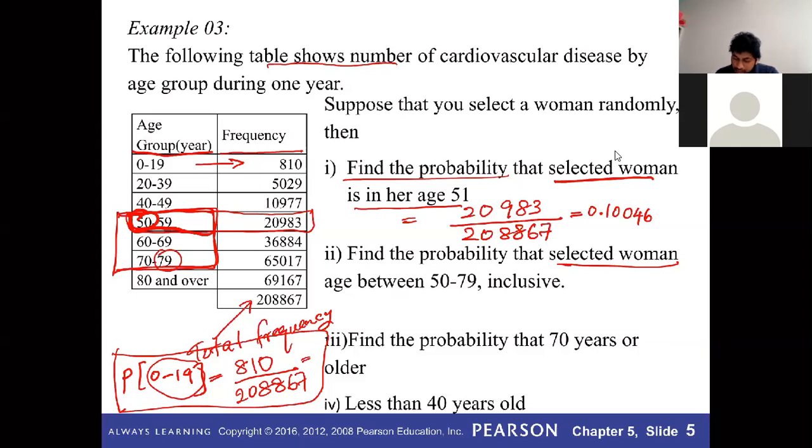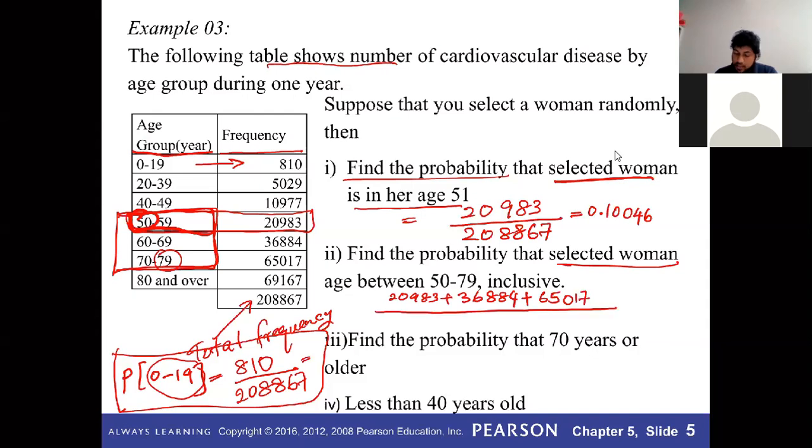So what are the frequencies you have to add? 50 to 59, there are 20,983, plus 60 to 69, it is 36,884, plus 70 to 79, which is 65,017.